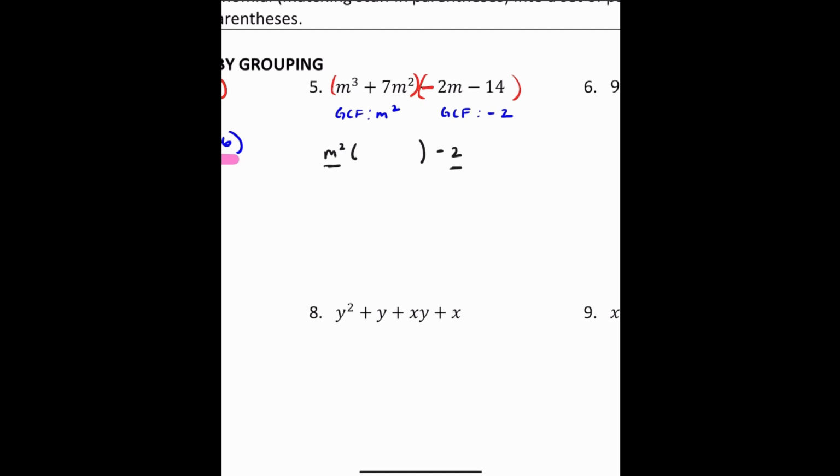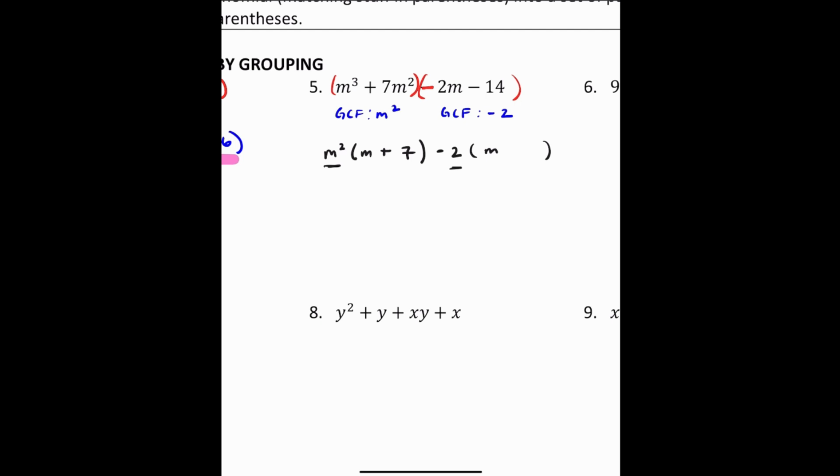Okay, so m squared times what gives you m cubed? You would say m. m squared times what gives you 7m squared? You would say +7. Now, looking at the last group, the GCF again is -2, so -2 times what gives you -2m? That's m. -2 times what gives you -14?